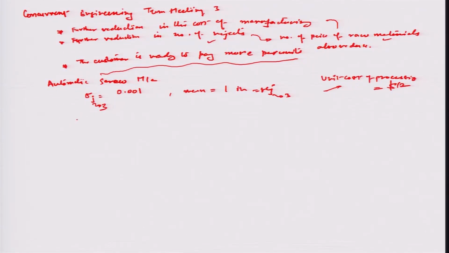The slightly tighter tolerances, in the range of 1 plus minus 0.003 inches, and then, based on the marketing feedback, slightly loose tolerances, where this goes to 1 plus minus 0.004 inches. This is called specification set 1.